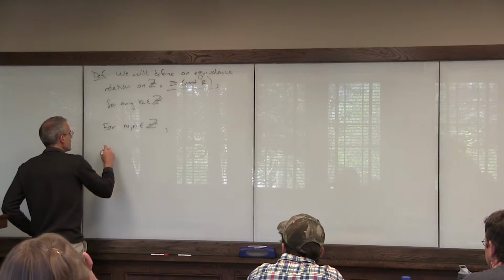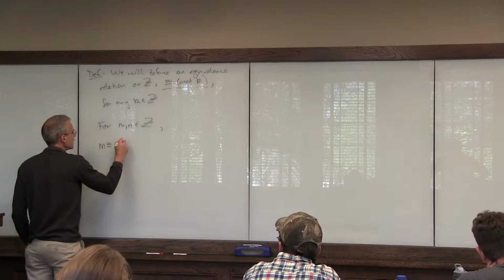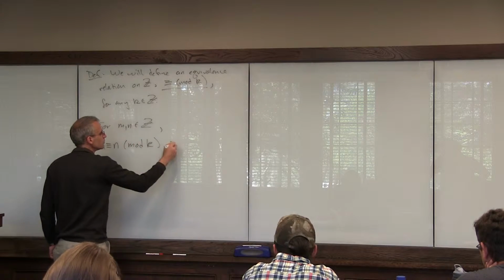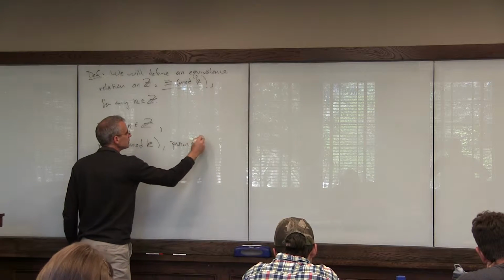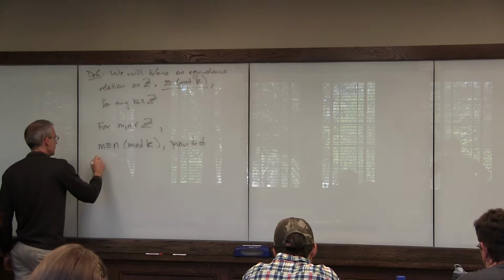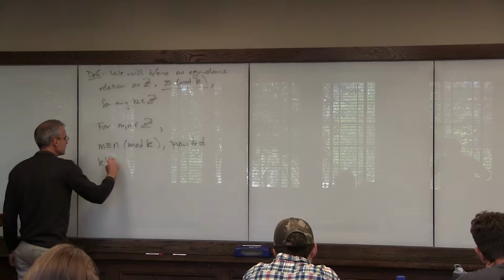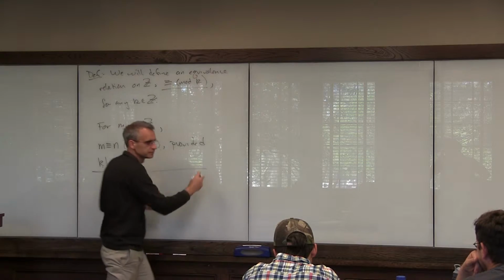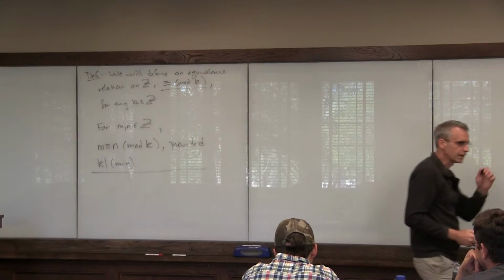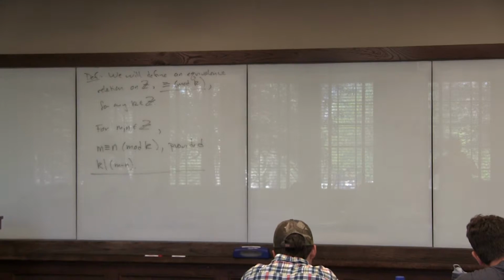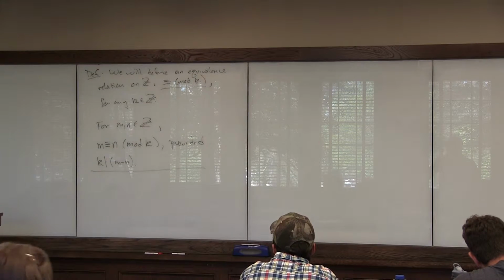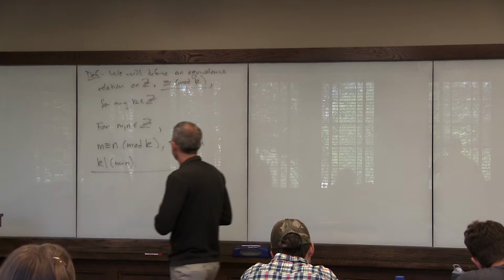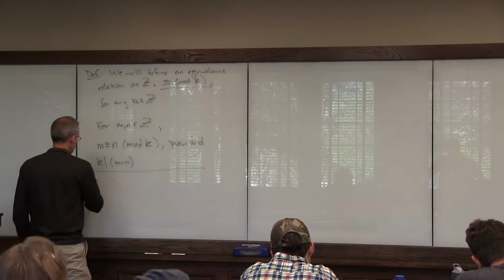So m is equivalent to n mod k, provided k divides m minus n. And so you say, well, I thought we were going to calculate. Well, we'll get around to that. We'll do some fun calculations in a little bit.